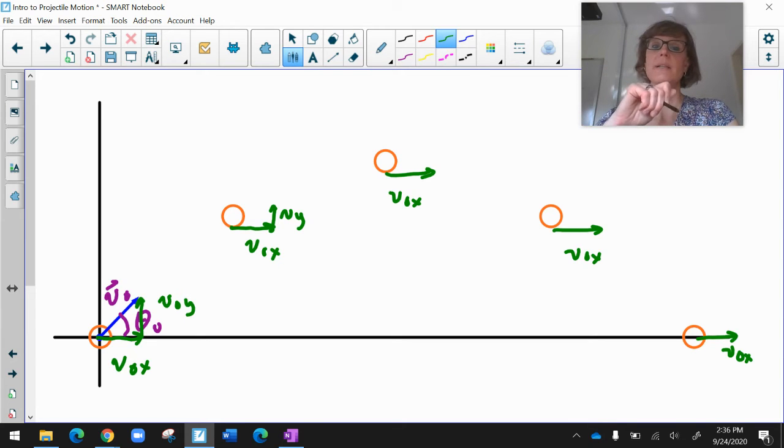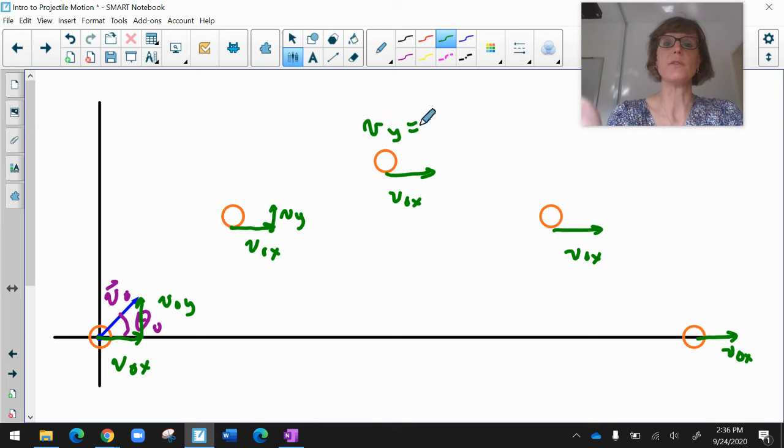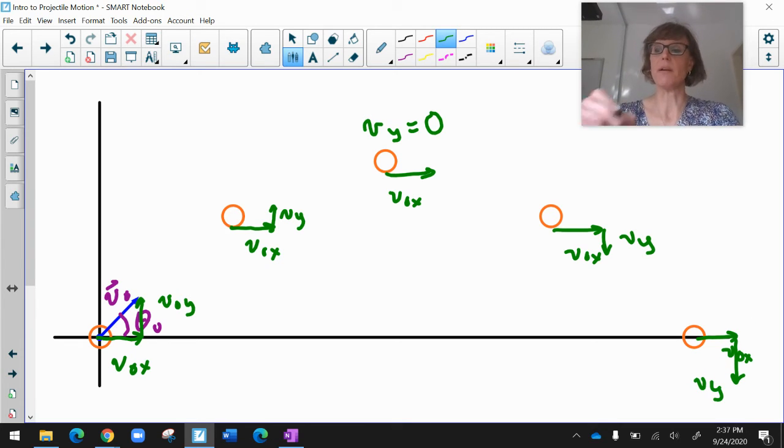But the Vy is going to get smaller. And up here at the top of my trajectory, what's Vy going to be equal to? Well, just as it was when my object went up, stopped, and came back down, that vertical velocity is going to be 0. And then on the trip back down, my Vy's are going to be negative, and they're going to get bigger and bigger. Okay.